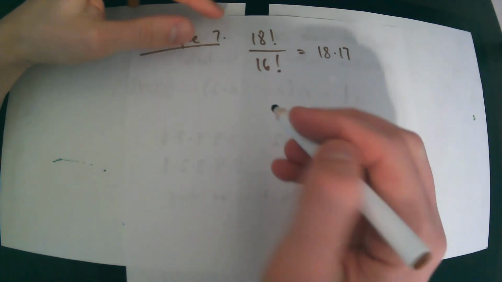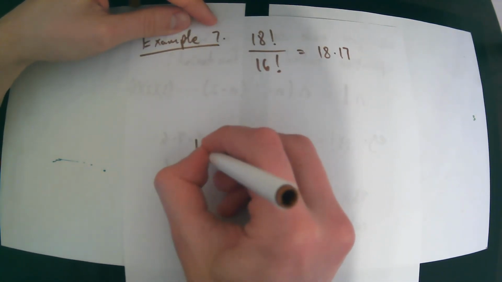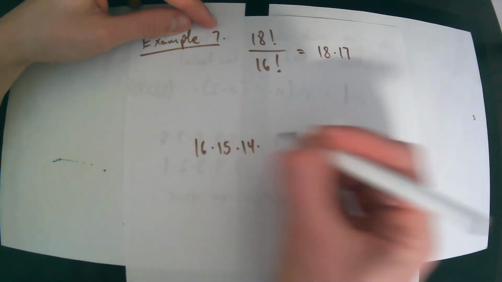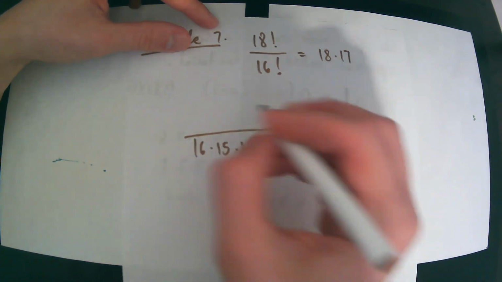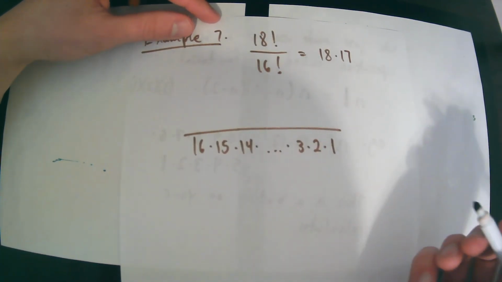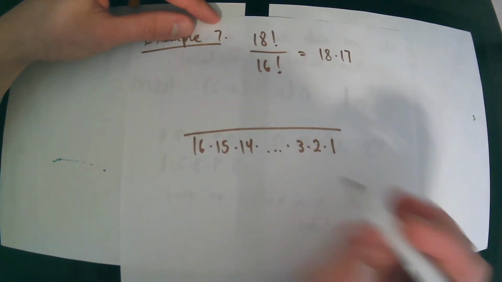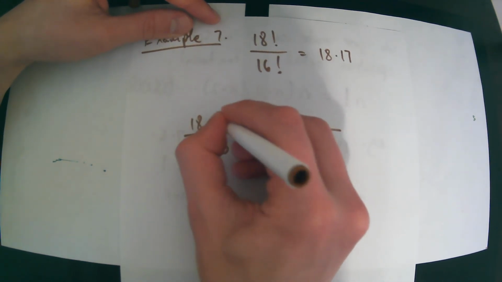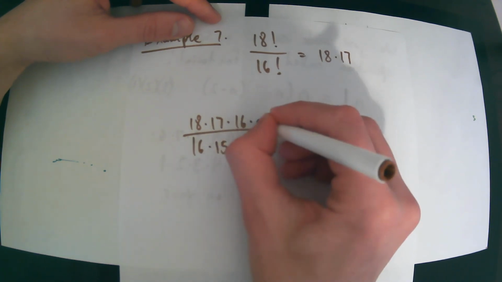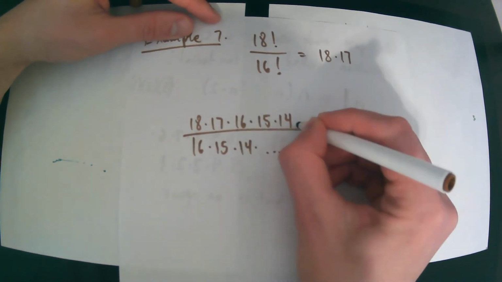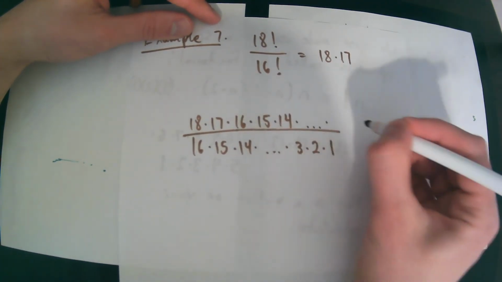In the bottom, aren't you going to have 16 times 15 times 14 times all the way down to 3, 2, 1? And in the top, aren't you going to have the exact same thing except with those extra 18 and 17? Because 18 factorial has 18 times 17, and then it has that 16 factorial built into it. Right? Of course it does, because it's a bigger number.